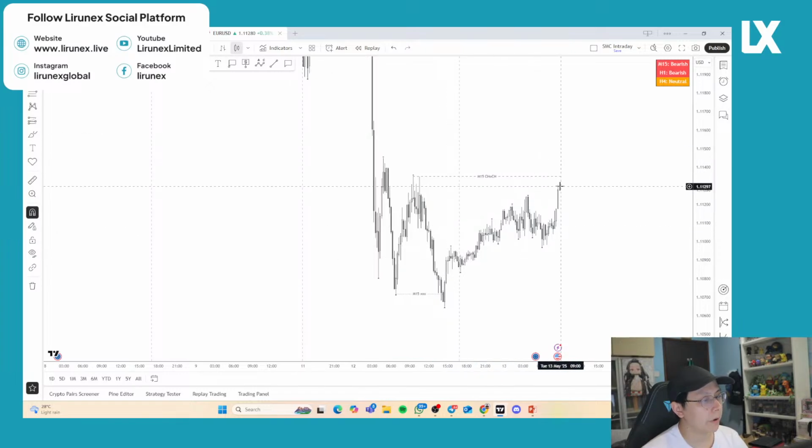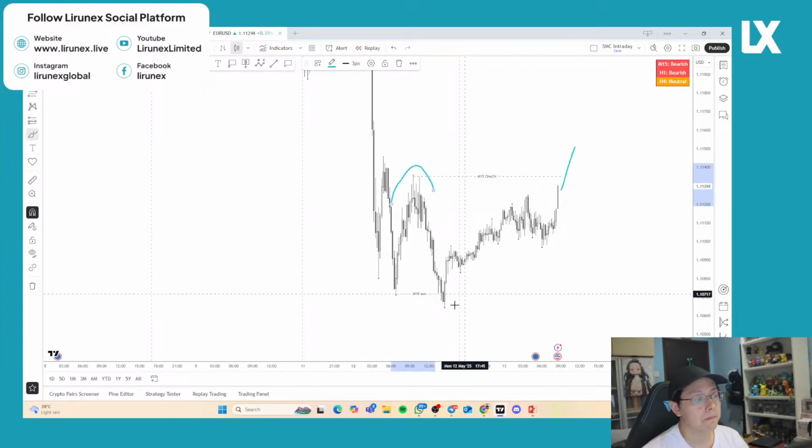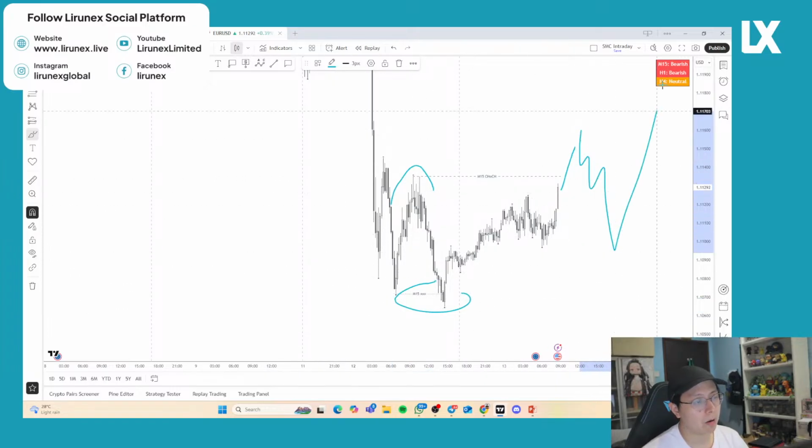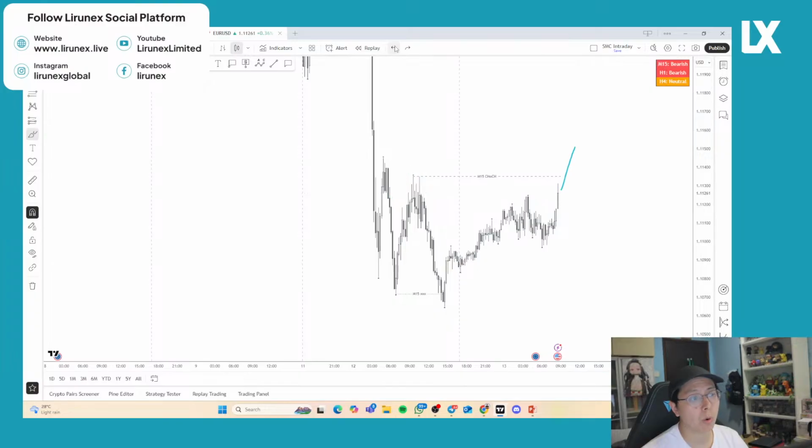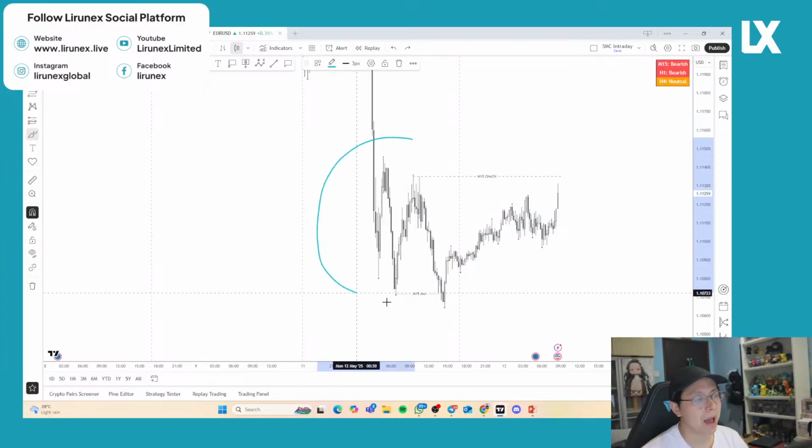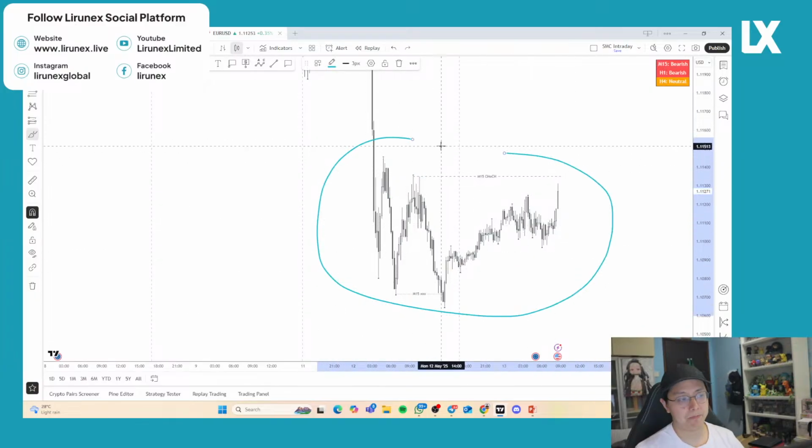If the market can actually break above this swing high, that's where we can confirm that it's a liquidity sweep and we are looking at upside. Why? Because this pattern structure would indicate we are looking at a potential trend shift.